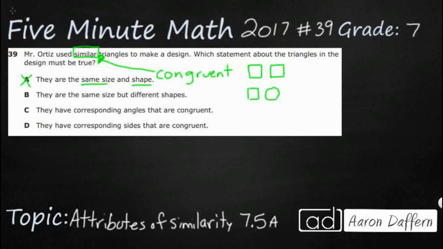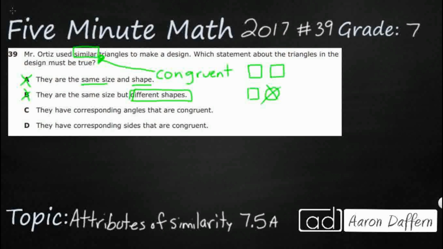There's not even a word for this. If there's a word for this, I don't know what it is. If they're different shapes, that just means they're different shapes. There's no relationship. They're not congruent. They're not similar. There's nothing between those two because of those different shapes. So it's not A, it's not B. So look at C and D.